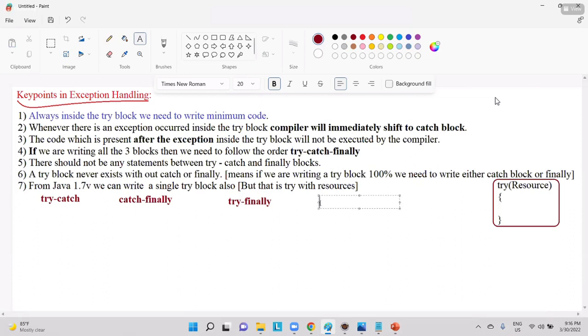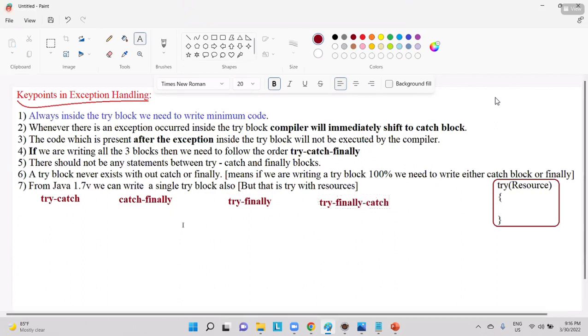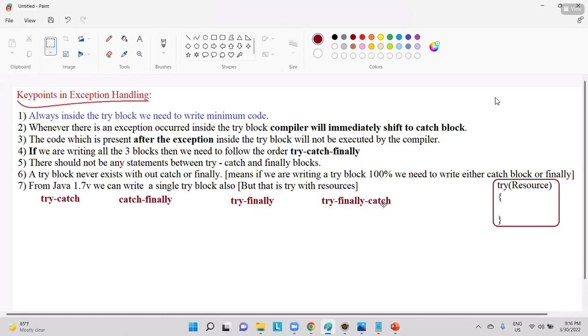After that, try finally, catch. Now here, I'm having 4 combinations of try, catch, and finally. Please tell me which one is valid and which one is invalid. What about the first one, second one, third one, and fourth one?